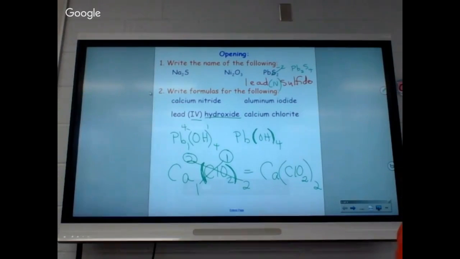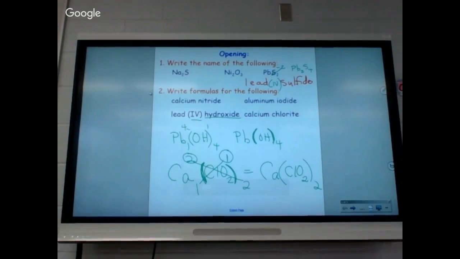Anybody? Questions on how to do any of those? So when it says ATE and ITE, does that matter? Well, the biggest thing is it does, but because you're using the sheet, you just have to look up the right ion.